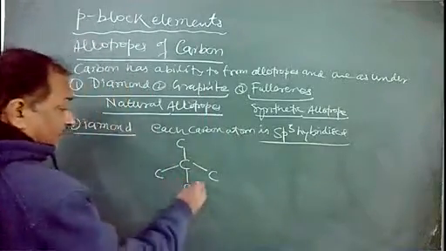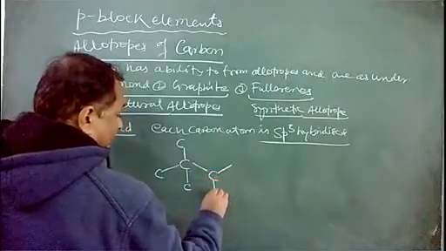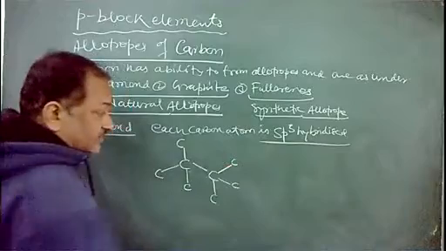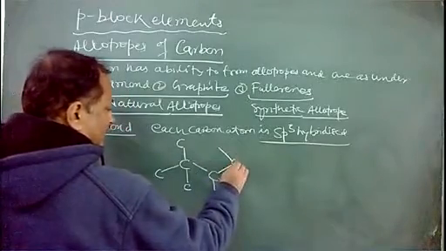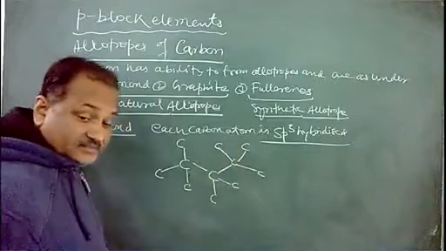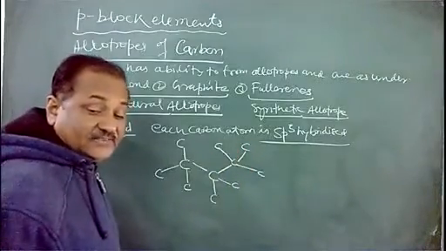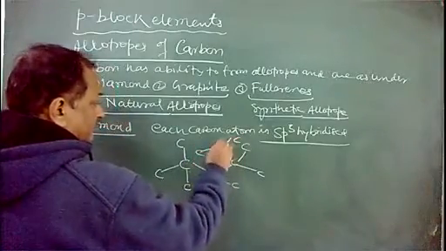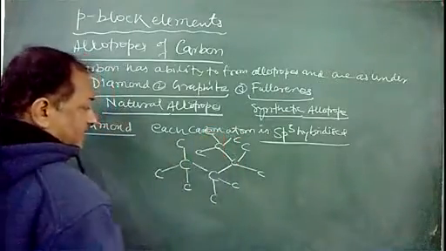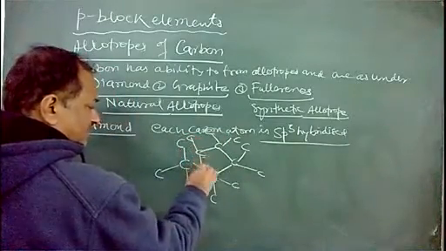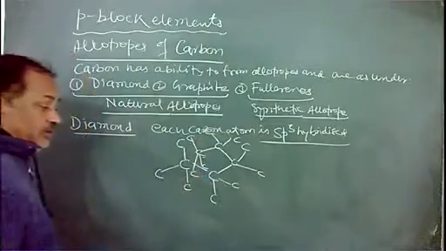Now see, again this carbon will be bonded like this. One carbon will attach to 3 nearby. See the complexity, how they are going to be complex.